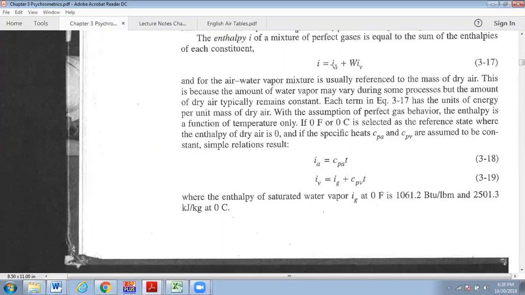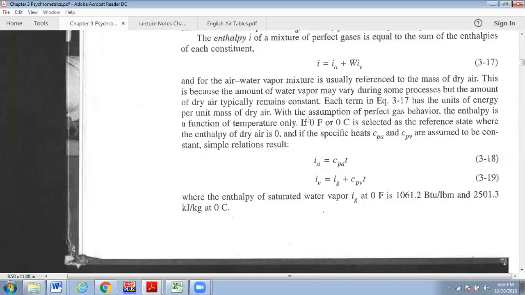The W is pounds of water vapor per pound of dry air. And then I sub V is the enthalpy of the water vapor, so BTUs per pound. When you multiply those together, you get the contribution for the moisture. Then you add the dry air, and that's the total enthalpy. Well, okay, we're going to make it easier.